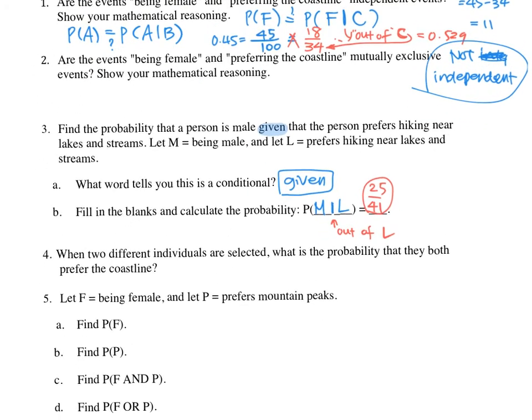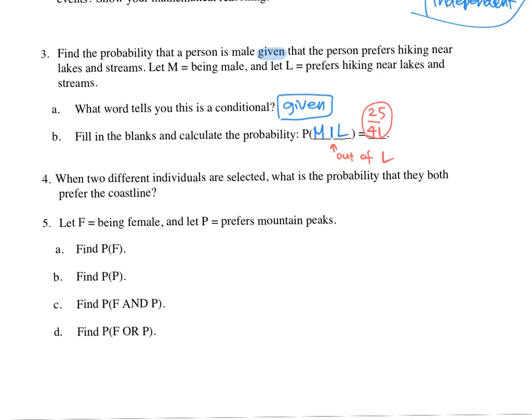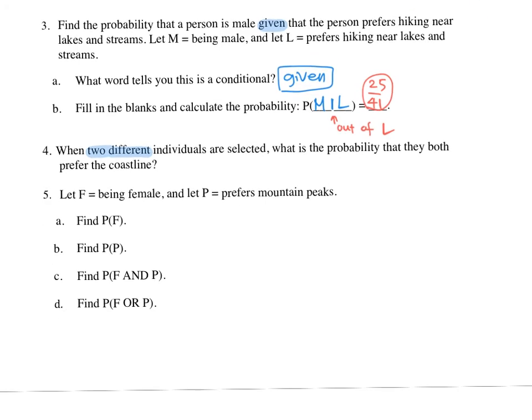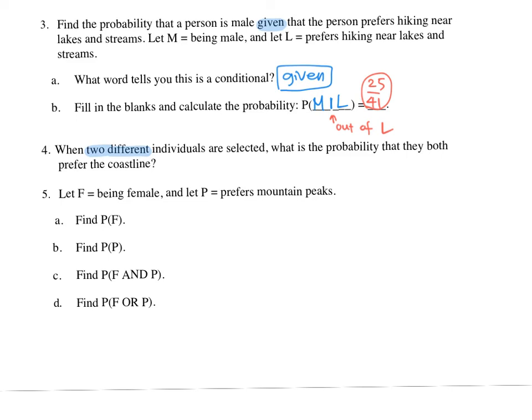Hints for number 4 and 5. The difference between 4 and 5: number 4 says they're selecting 2 different individuals, so this is going to be a multi-stage question. And the last question, let's say part C, is asking for F and P. Here, it doesn't say it's picking 2 people, so I'm going to assume they're picking 1 person.